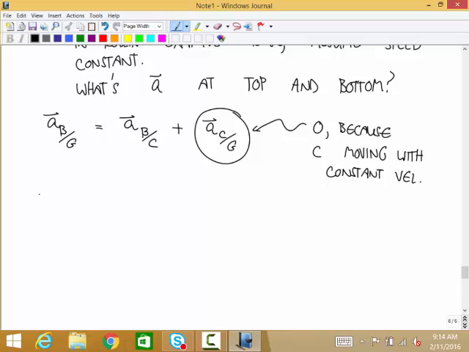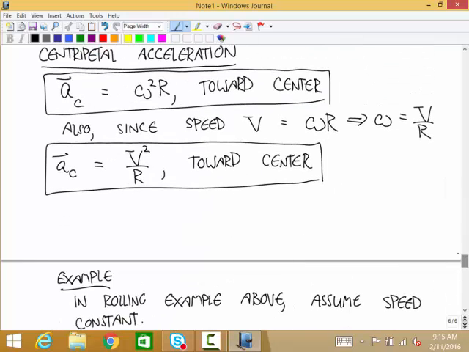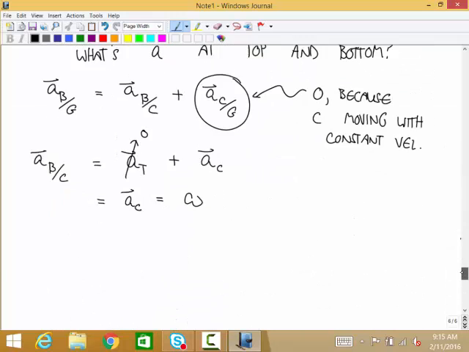So now let's think about this acceleration of b with respect to the center. That's equal to the tangential acceleration plus the centripetal acceleration. And this is 0 because we have a constant angular velocity. So AC, from the equation I just gave you, is equal to omega squared times r.